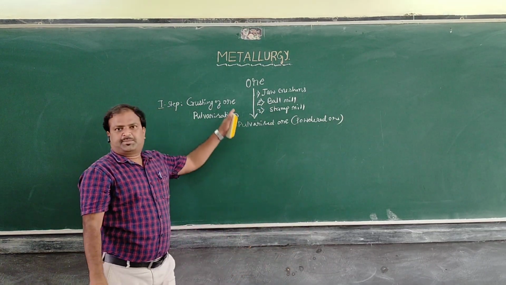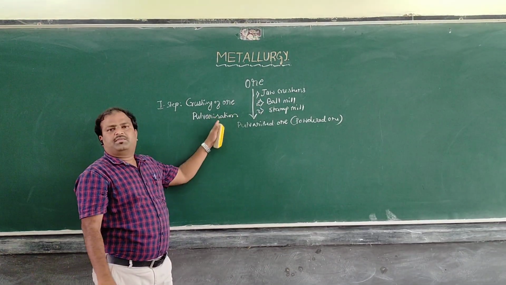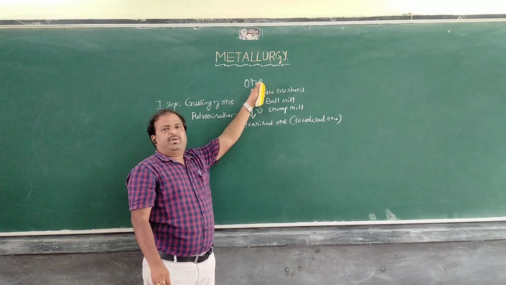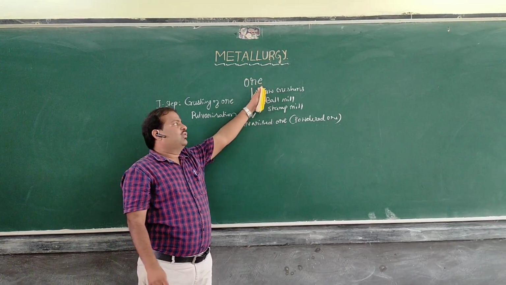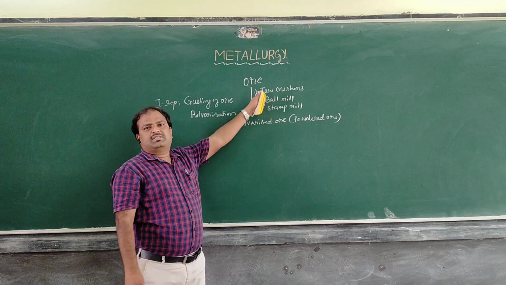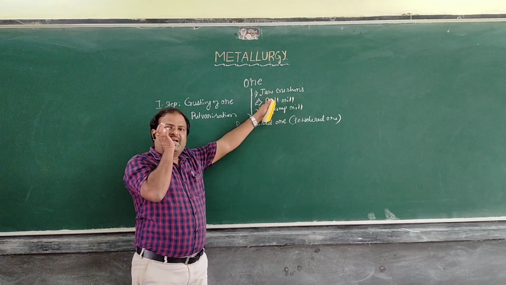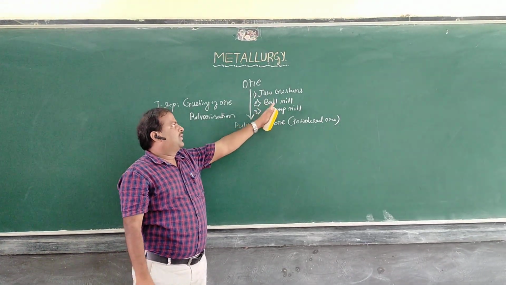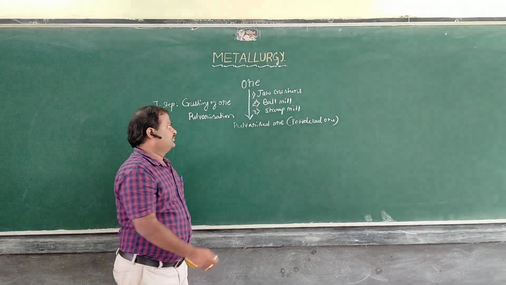So this is the first step, crushing of ore or pulverization. In this, huge pieces of ore are broken down using jaw crushers and ground into powder by ball mill and stamp mill.